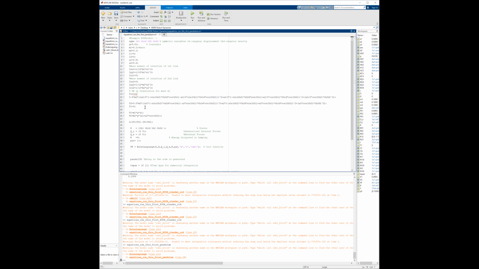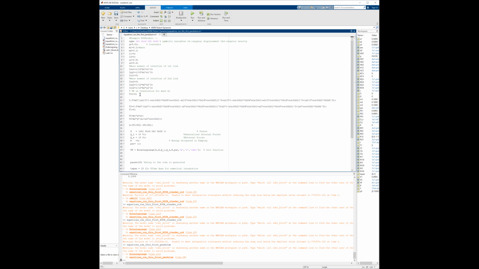Yeah, I'll put that in the chart, because translational velocity of the first mass is 0.